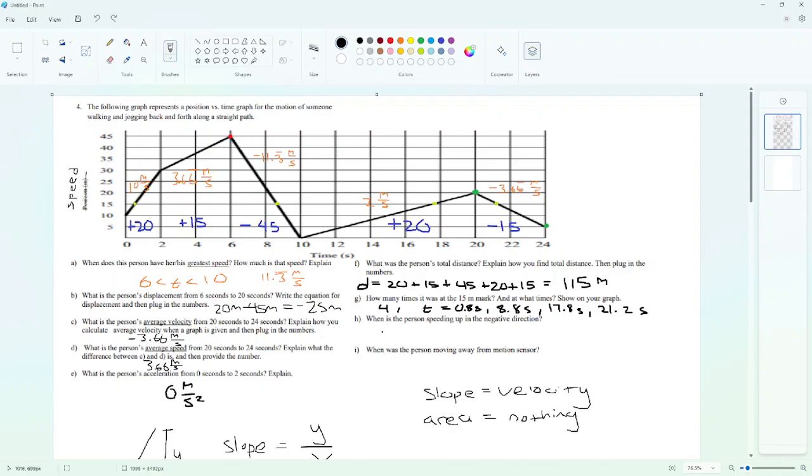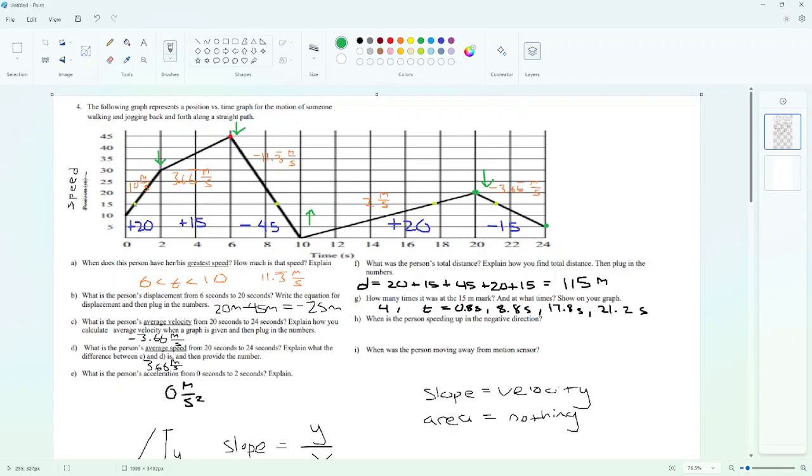So speeding up in the negative direction. Let's see. I guess you could say, let's look at these velocities. So we went from 10 meters per second to 3.66 meters per second, and then we went to negative 11.3 meters per second. So I would say right about here, this right here, there's a decrease in speed. Right about here, there's a decrease in speed. Here, there's an increase in speed. And then right here, there's a decrease in speed.